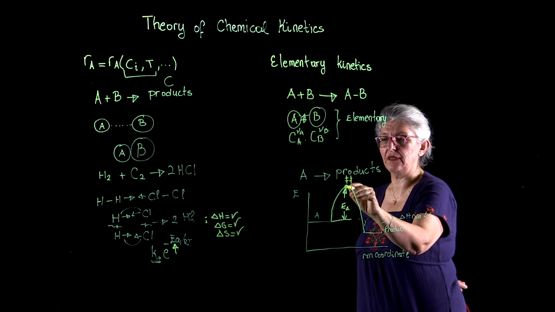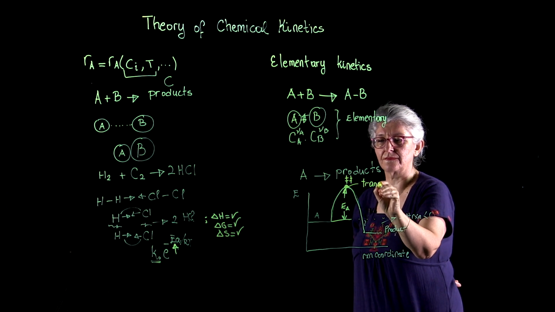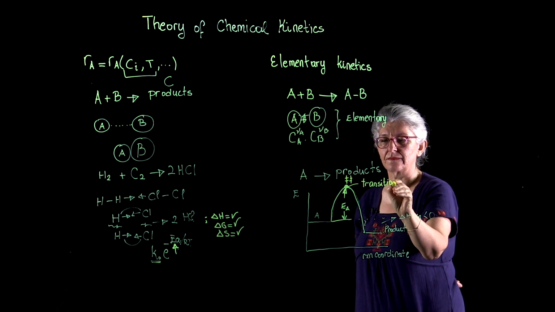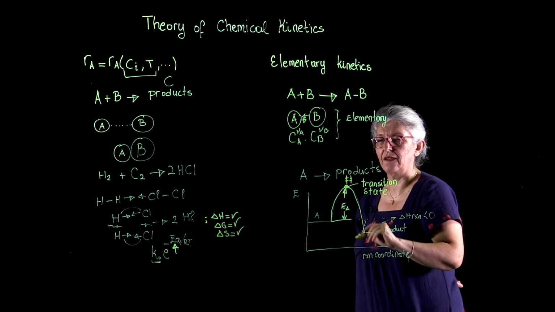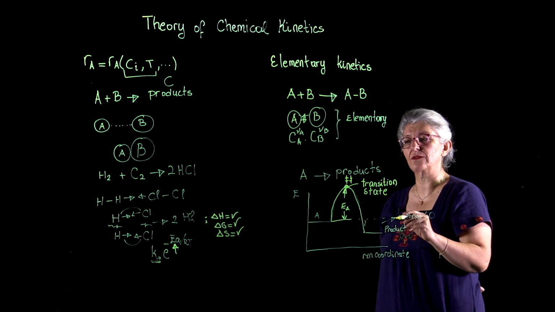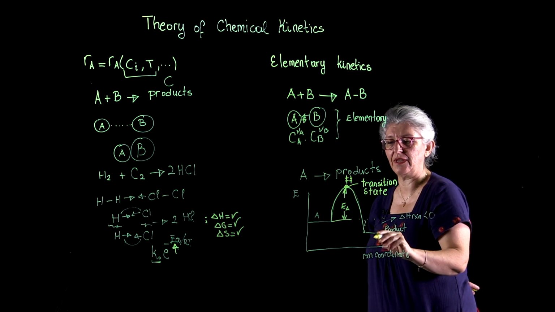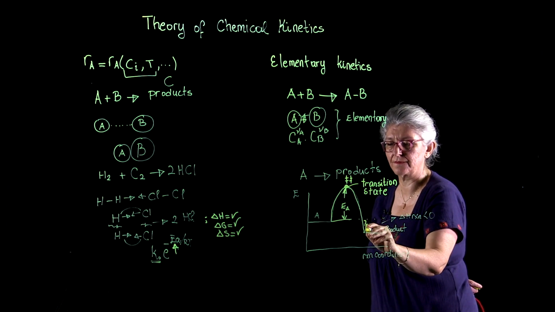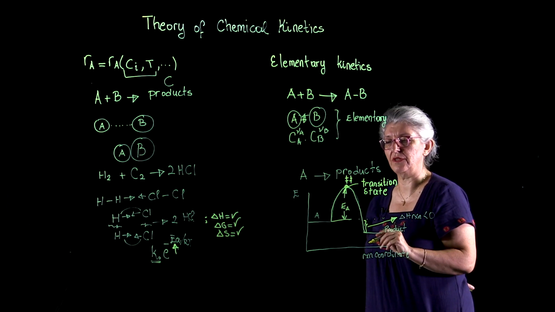This point is the transition state, where we presume that an activated complex forms, and this activated complex goes to the products without any barriers. Right? So this is the enthalpy change of the reaction.